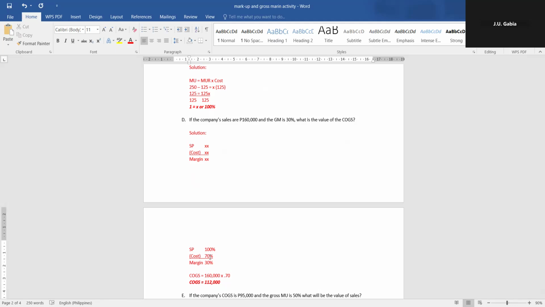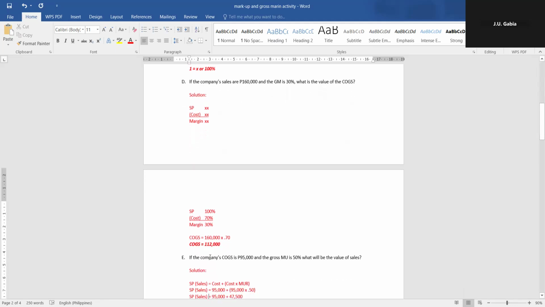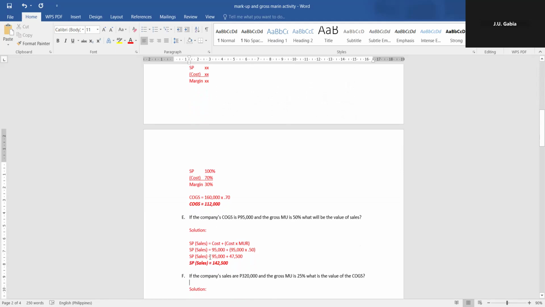So your cost of goods sold is how much? 70%. So 160,000 multiplied by 70% will give you a cost of goods sold of 112,000.